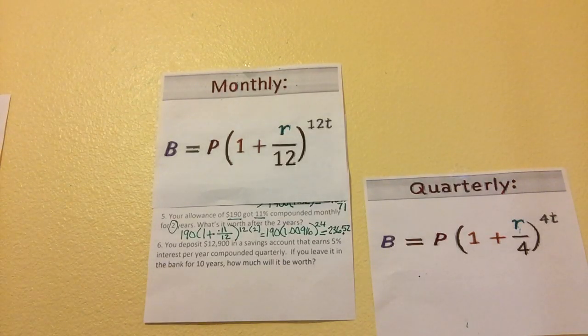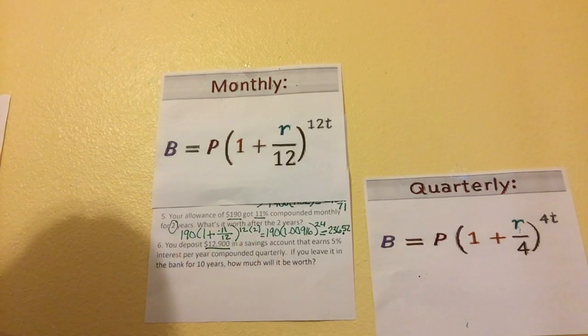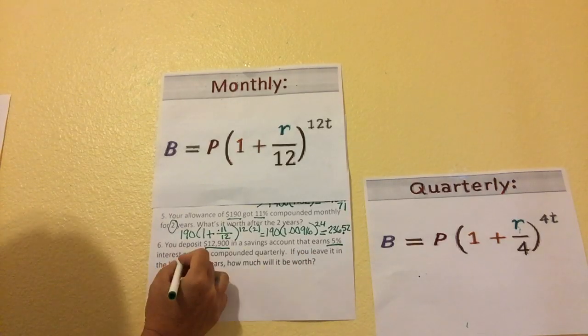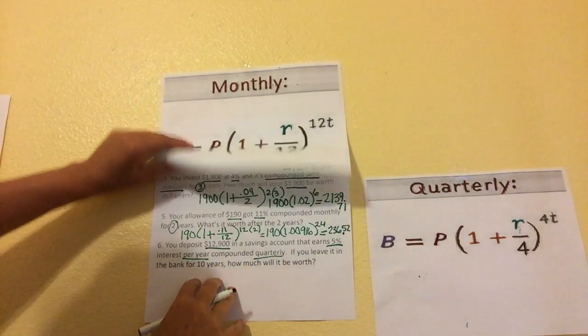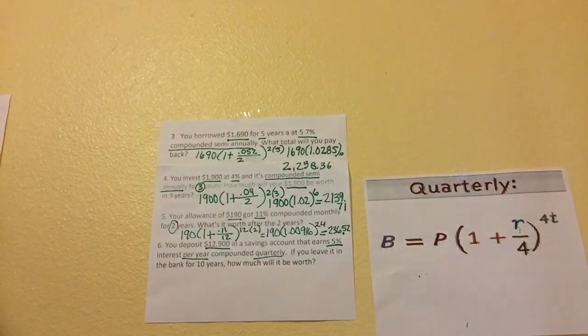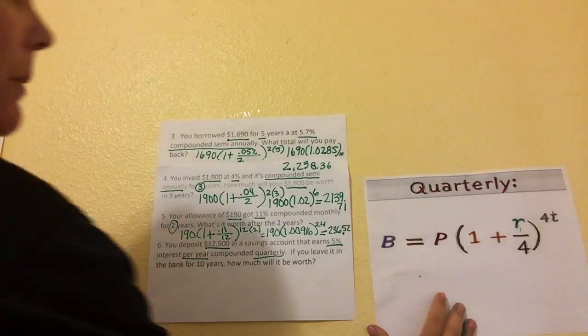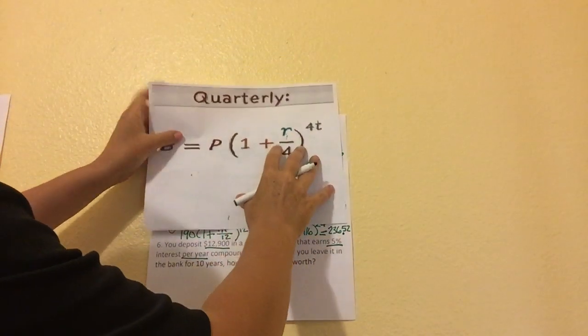All right, last one. You deposit $12,900 in a savings account, and it earns 5% per year, compounded quarterly. Okay, so we're not going to be using this one anymore. We're going to go back and use quarterly.